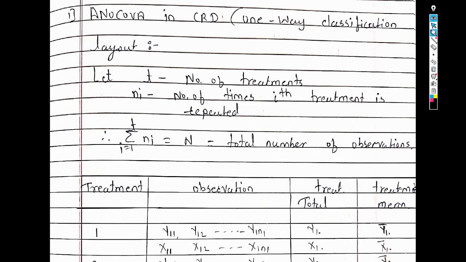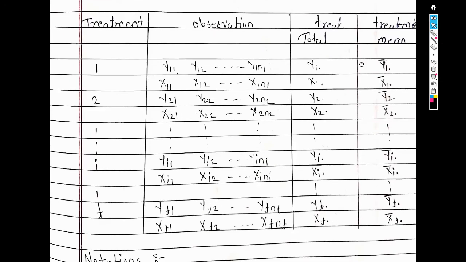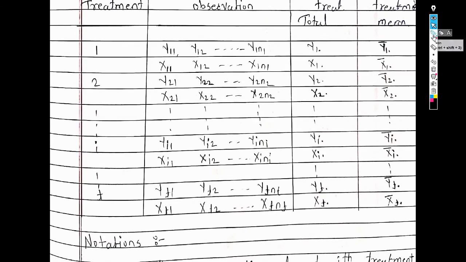Now here is how we get observations in completely randomized design. So this is one table. Here we have treatments, and for these treatments we have observations, that is response observations and concomitant variable observations. For these we have treatment total and treatment mean.